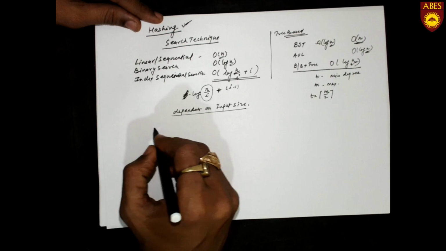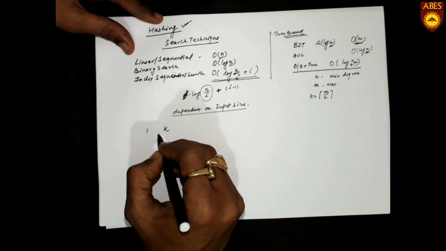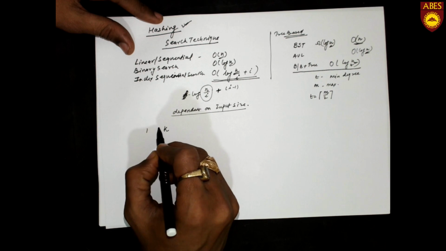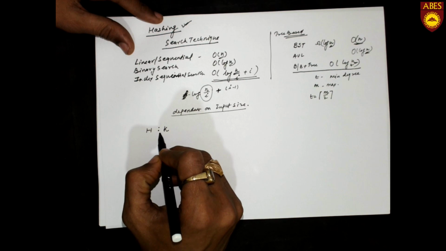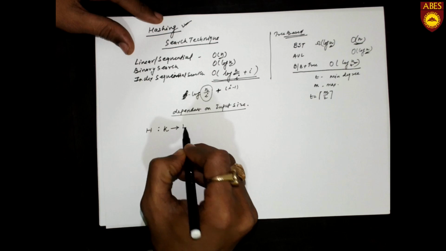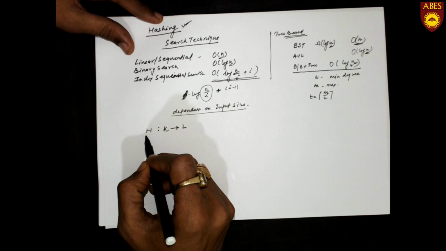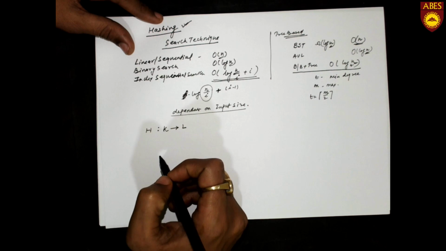Fine. So what actually is hashing? Let's say we are interested in finding out a key k. It means that we are interested in searching the key k. We apply some hash function on this key k, and then it gives us a location. It means by applying a simple operation known as the hash function, we can get a location where our element is present.